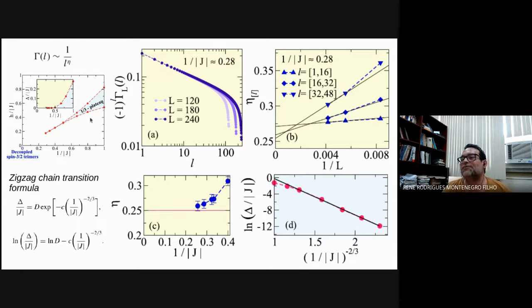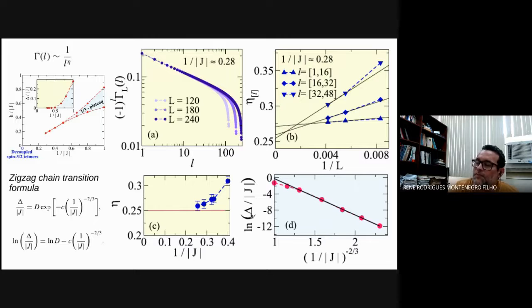After that, we have investigated the behavior of this gap, trying to see if this meets the formula of the zigzag chain transition. And to our surprise, our results, this black line here, are in good accordance with this formula here, with the expected exponent.